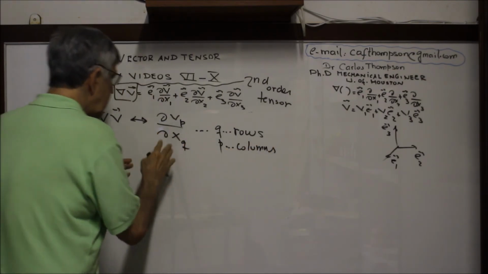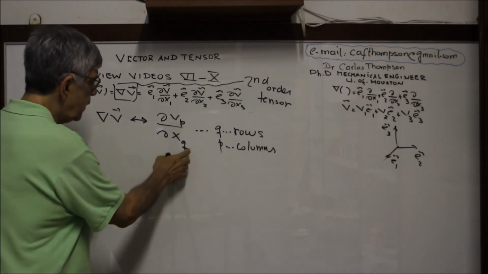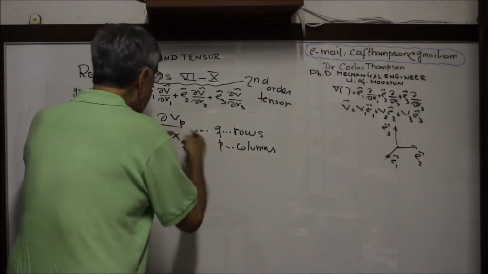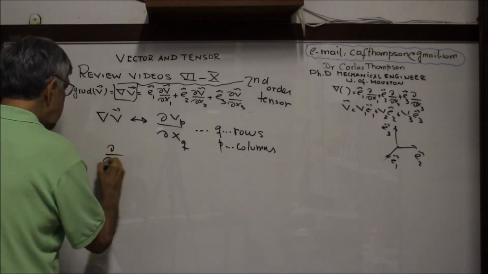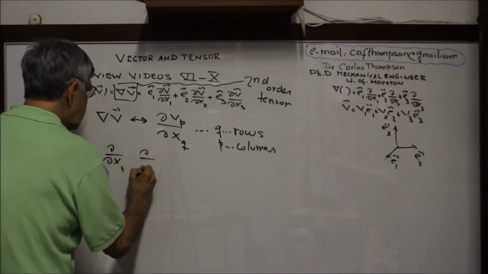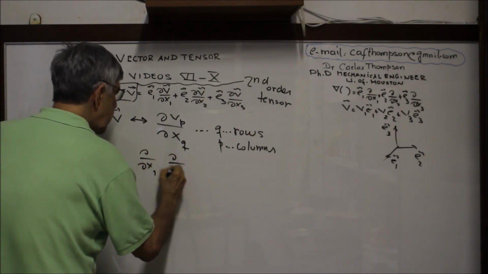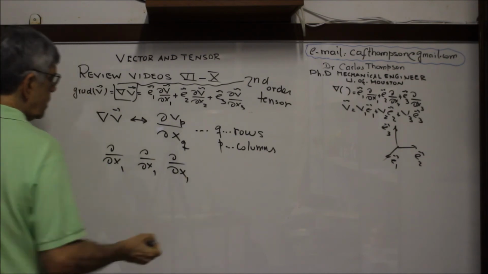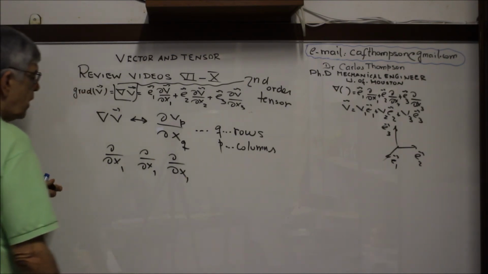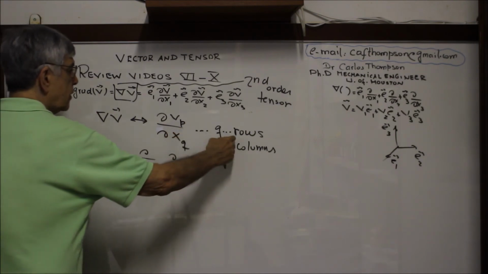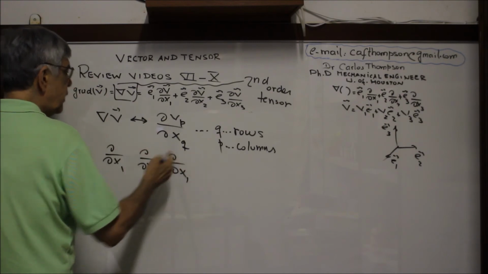You have to see this from the previous derivation. These represent a row. For instance, what is the first row? The first row, you just put partial x1, partial x1, and partial of x1. See? That's the first row, like this. Now, for this column here, you just put 1, 2, 3.